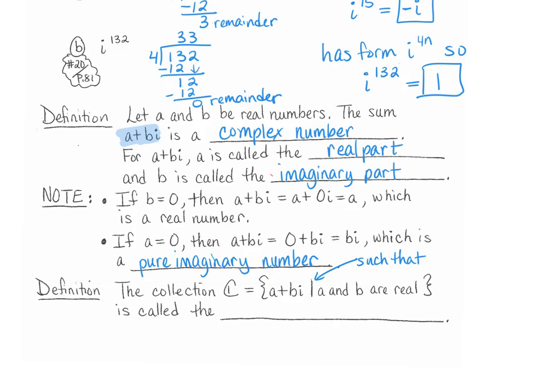So let me read it to you again. If you need to write it down, write it down. This means C is equal to the set of all elements a plus bi such that a and b are real. This set is called the set of complex numbers.